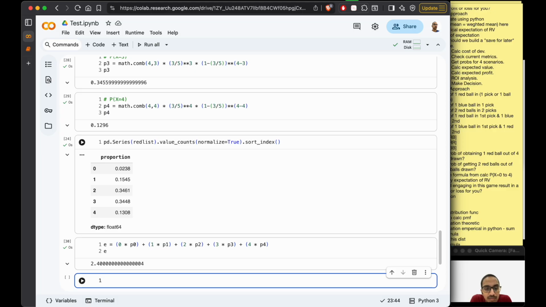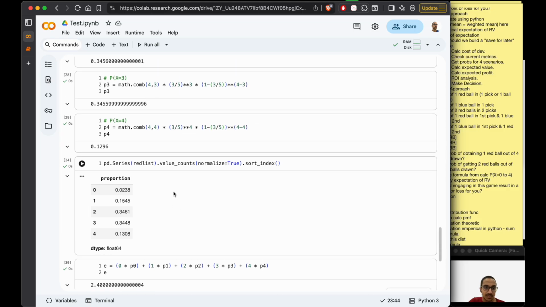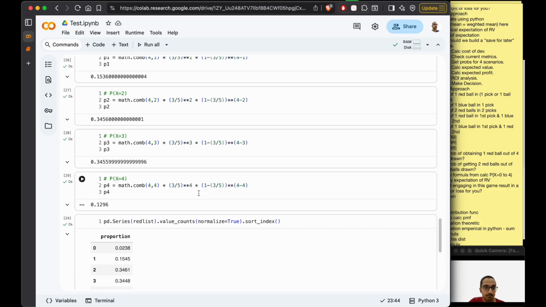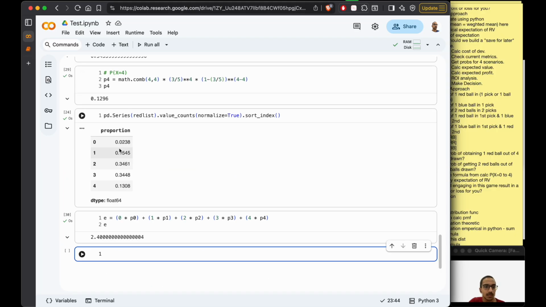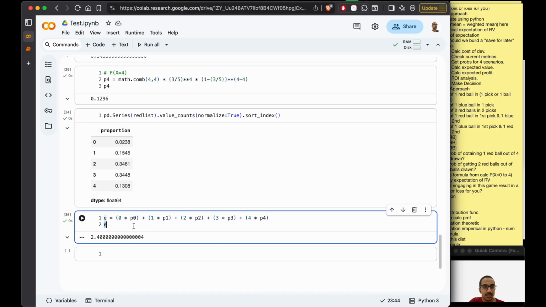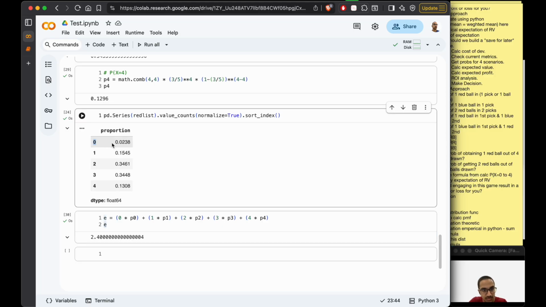Now, this is our empirical and theoretical as well. Okay, this is our theoretical expected value. If I want to take the empirical expected value, then I just have to multiply this with these values.